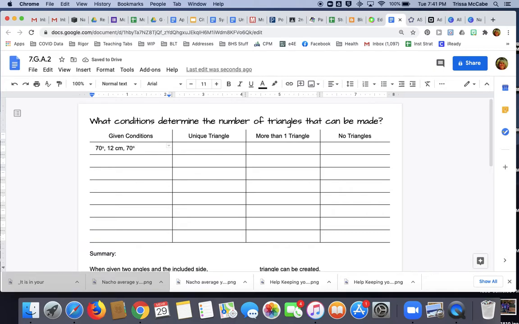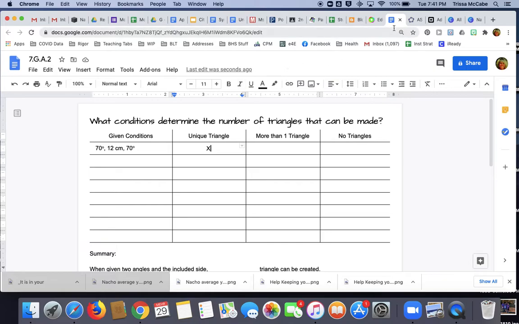And if you remember when we drew this, we were able to create a unique triangle. There was only one triangle that could be created with a 12 centimeter base between two 70-degree angles.